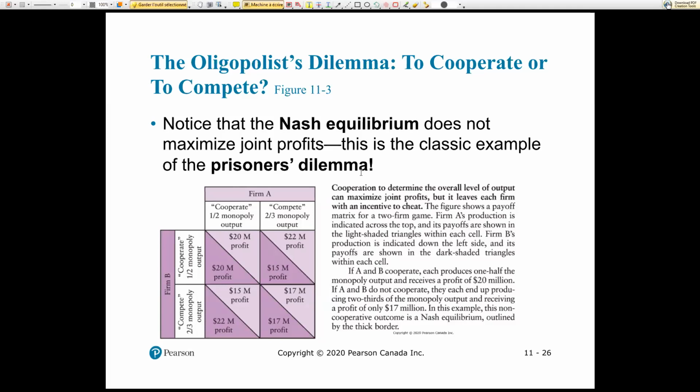So this is what the prisoner's dilemma is. Maybe you'll see it later on in your career. And as we said, this is Pareto efficient, this is not.